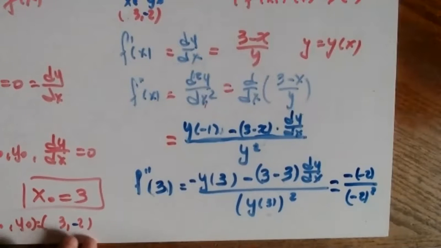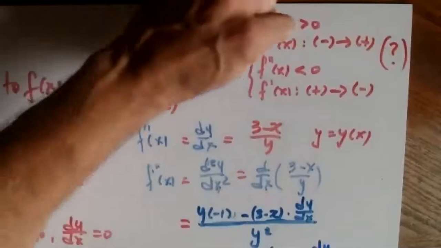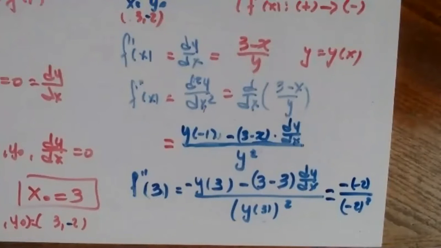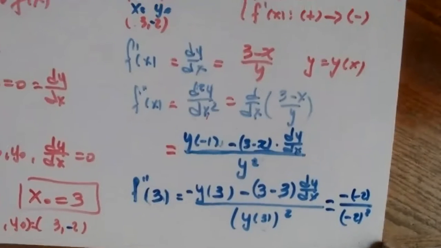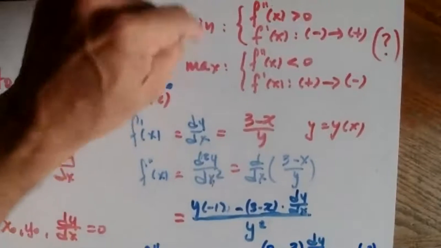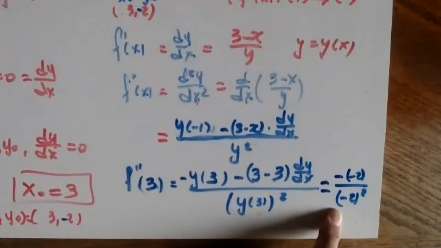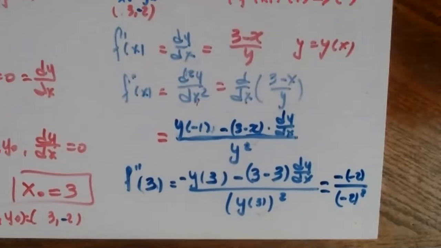Remember, you're looking at whether it's positive or negative, correct? Or 0, but I didn't put an inflection point here, just a min or a max. Positive, negative. Okay. What is this number? Positive or negative?